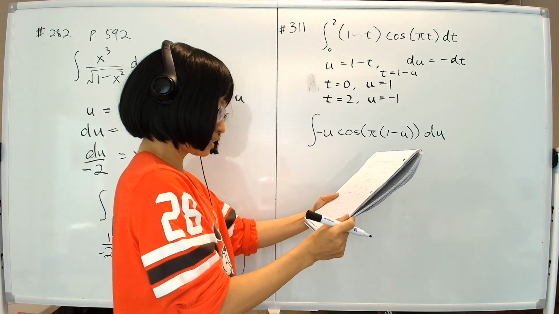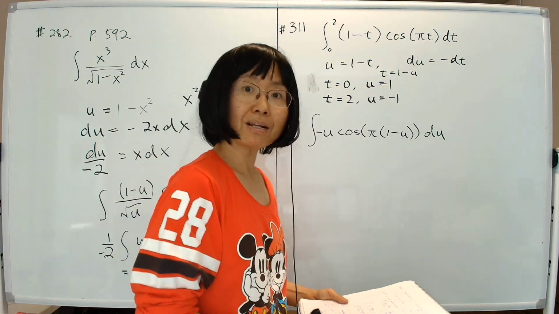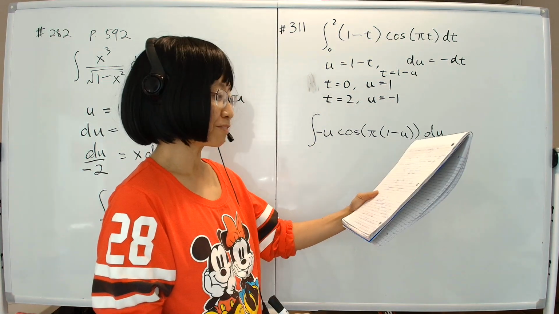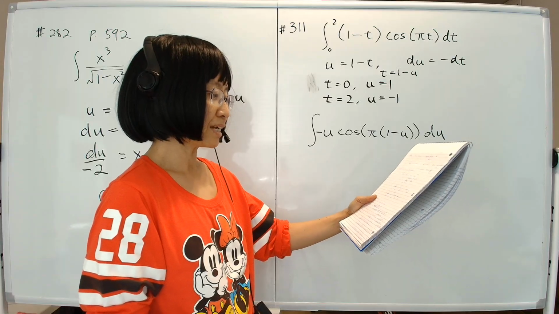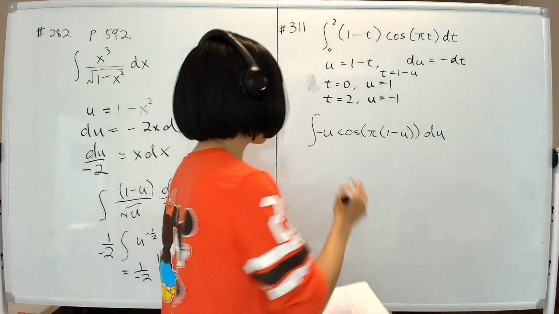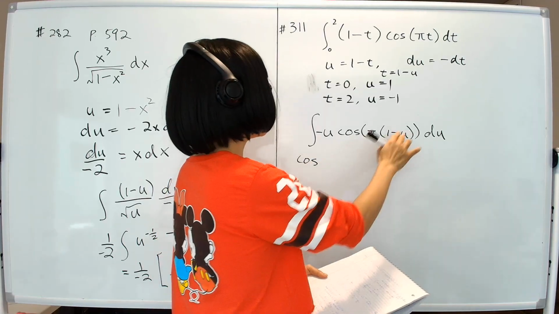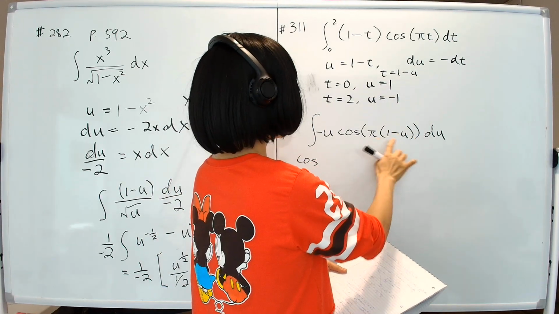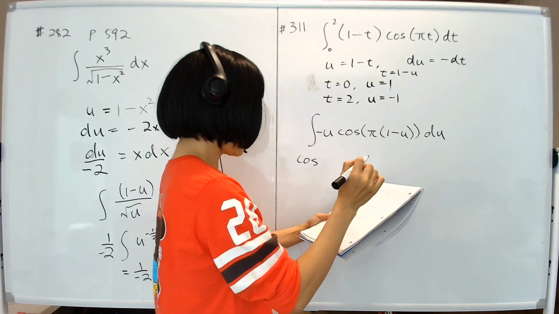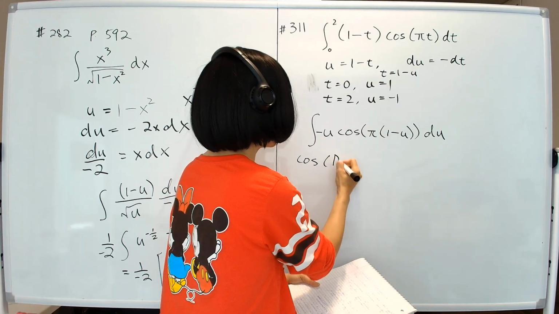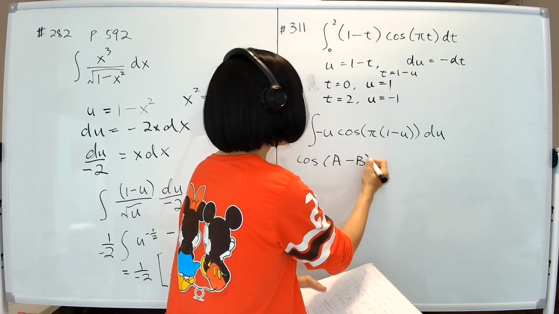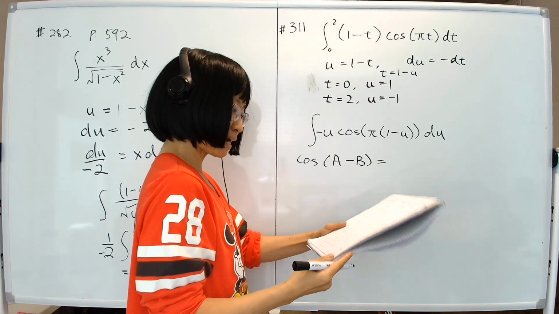The point is, now what? Now we're going to pull out some trigonometric formula. This is cosine sum of angles. Cosine of the subtraction, okay? Cosine of a minus b equals, that's some rule back from trigonometry.